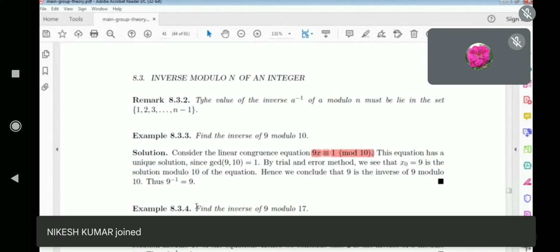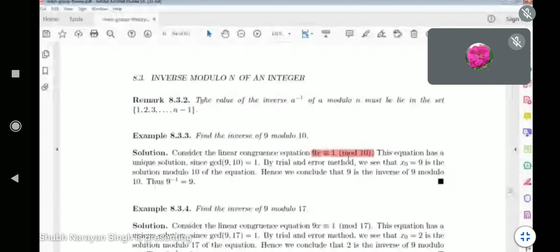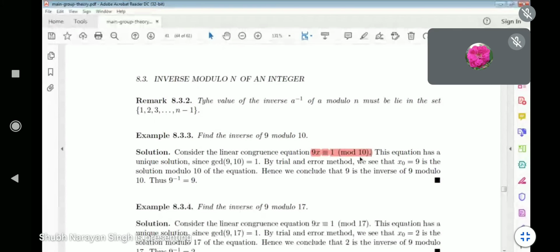So for that we consider this equation 9x congruent to 1 modulo 10, and here a is equal to 9, b is equal to 1, and n is equal to 10. Take GCD of a and n, that means GCD of 9 and 10.